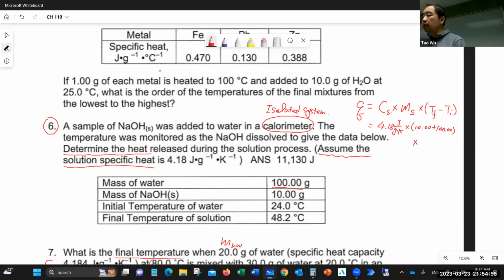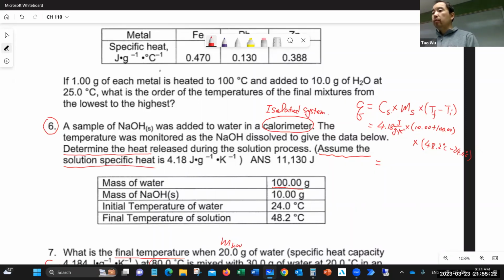And then you multiply the temperature change, final subtract initial. Final is 48.2 Celsius, subtract initial 24.0 Celsius. Make sense, right? So this equation can be in different variations. When we release the heat, we can also do the same thing like that.